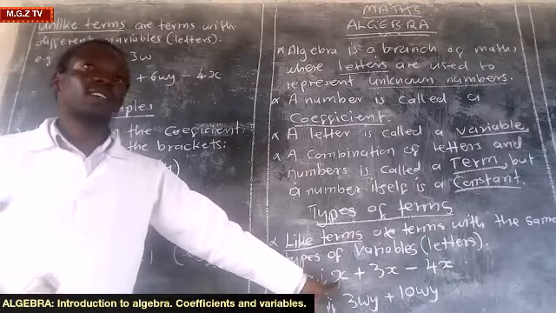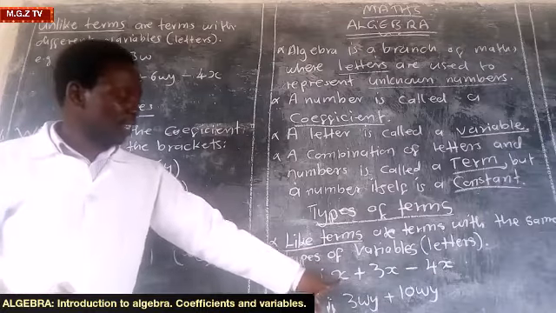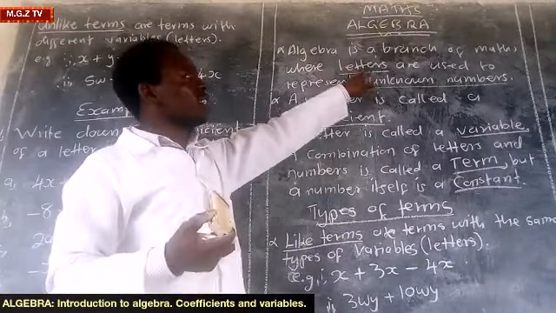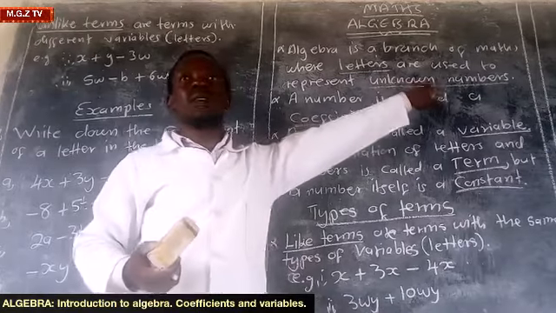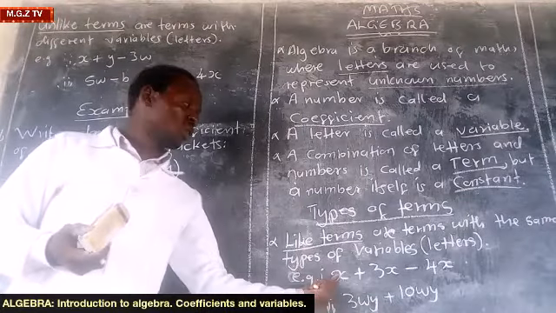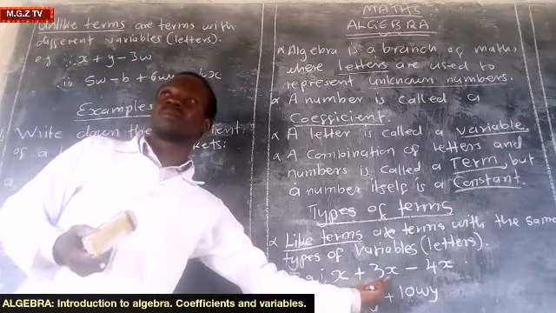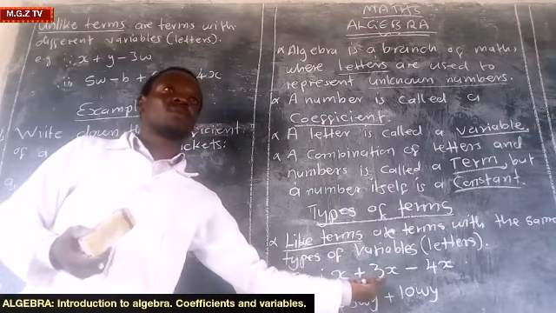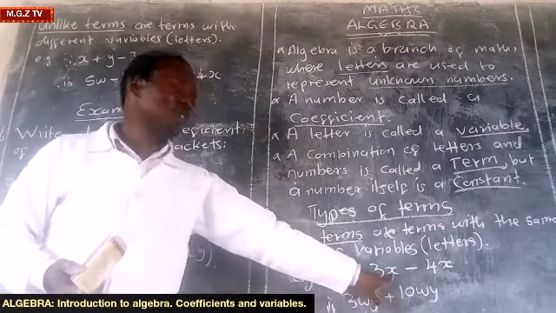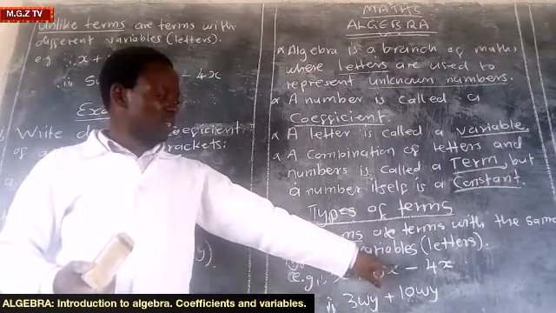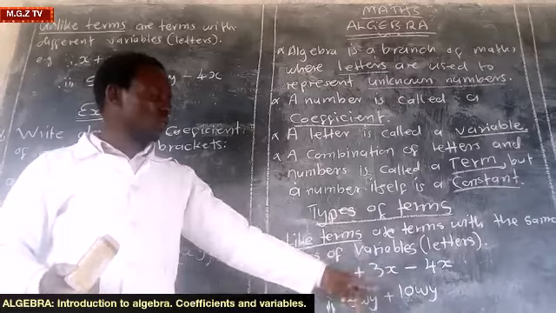This is just a letter X. So X is a letter representing the unknown number. Do you know the number that is here? Don't know. Here we have 3. But this X, we don't know. So it is there to represent a number that we don't know.